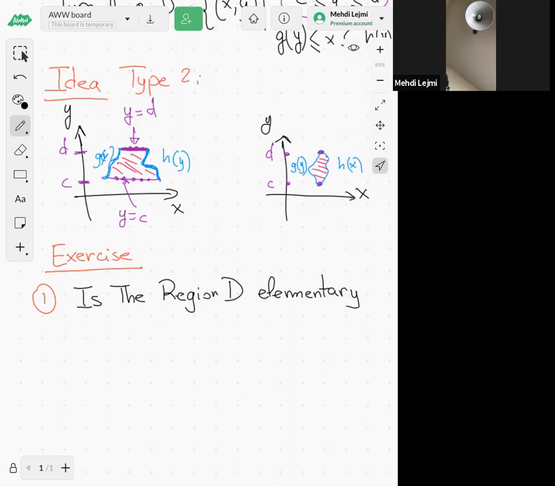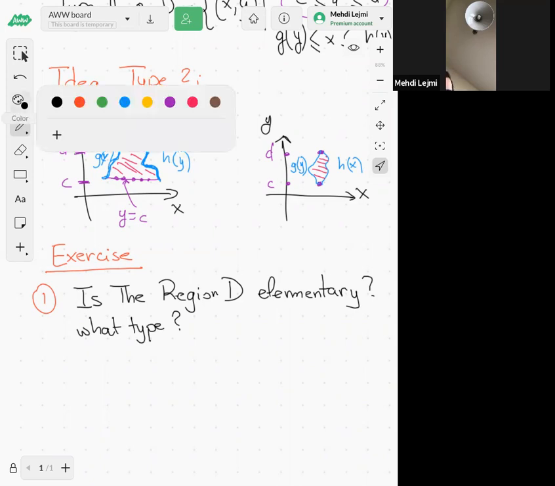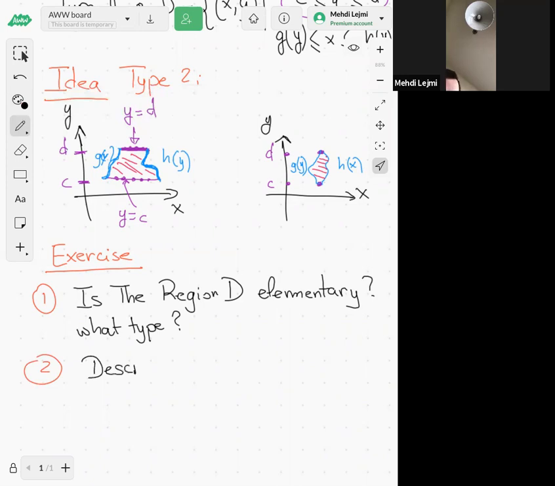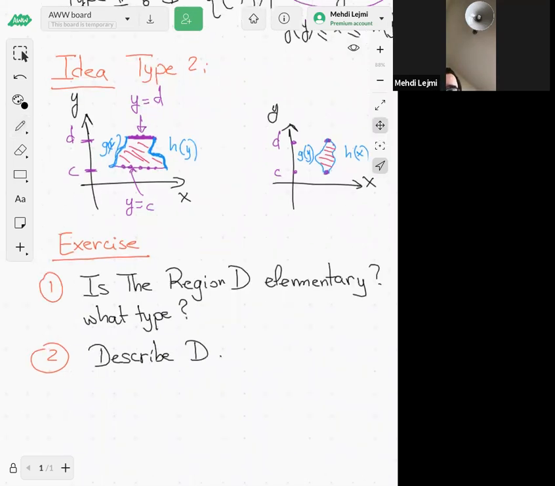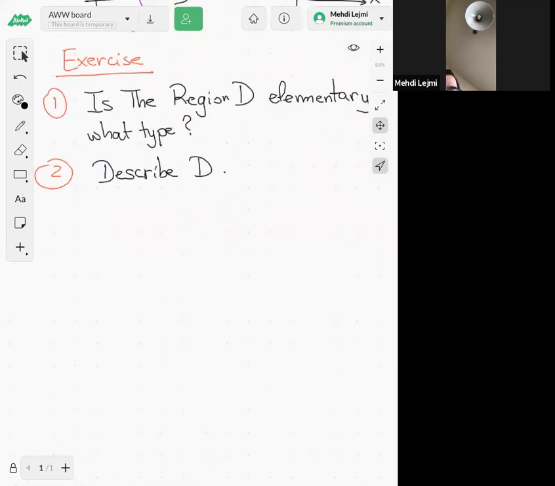Right, and what type? And then, of course, you have to describe the region D, right? So, and then 2, describe D. Okay, so I think the first region was like a triangle. Okay, so 1.